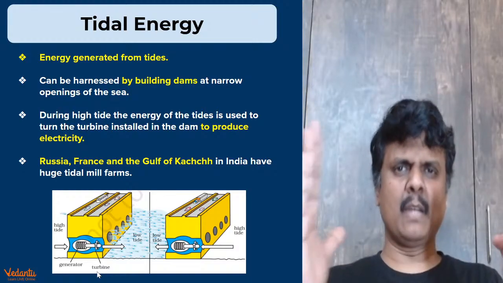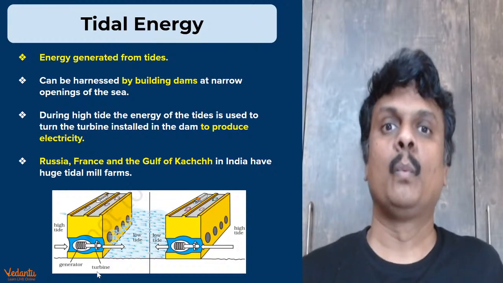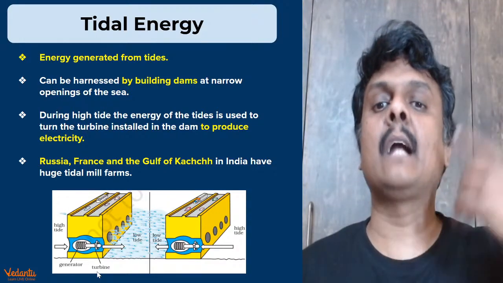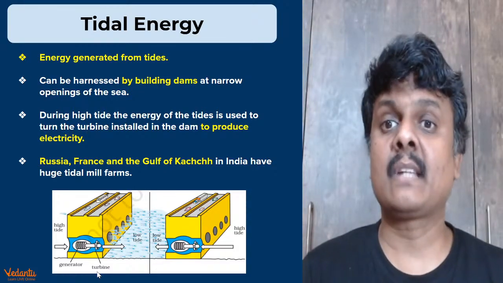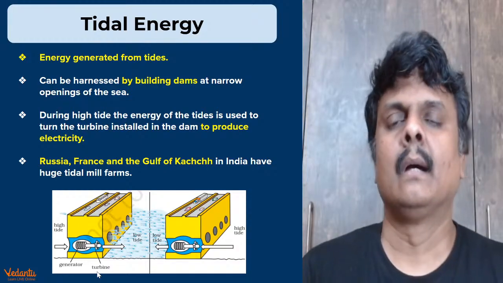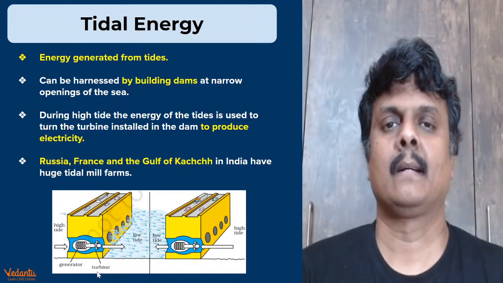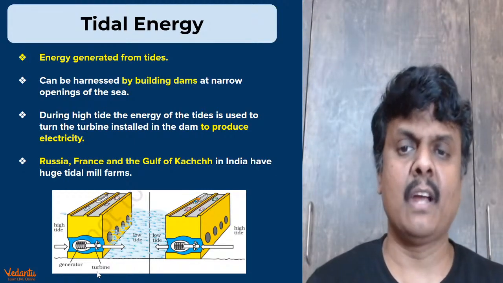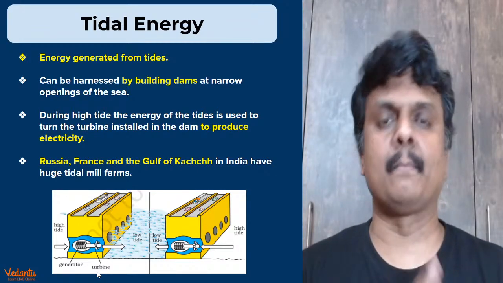When you keep compressing water through a very narrow opening, so much water comes in with a lot of force, the water hits the turbines, and the turbines start moving and producing electricity. This is called tidal energy, and it happens a lot in Russia, France, and the Gulf of Kutch in India. All these places have huge tidal mill farms.